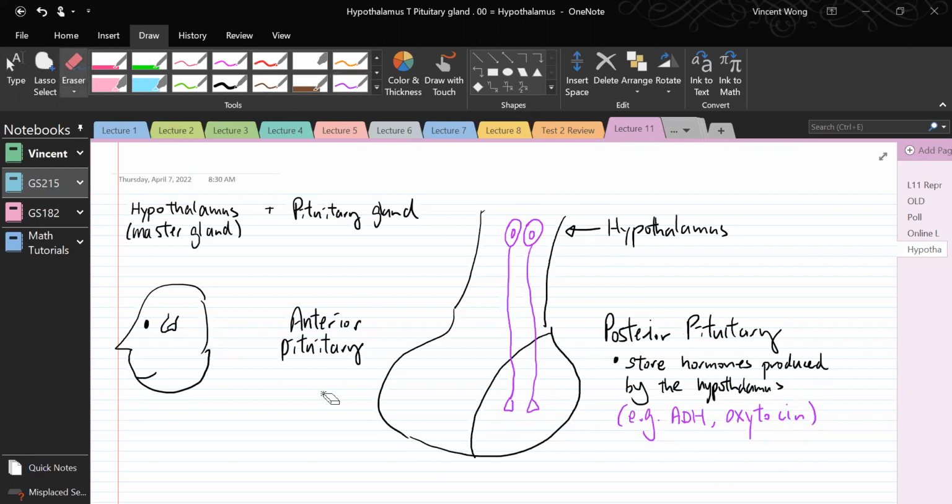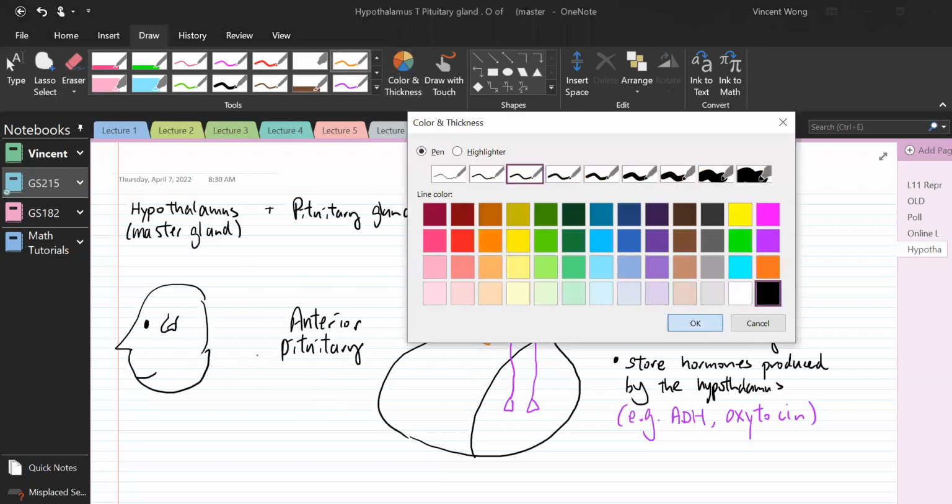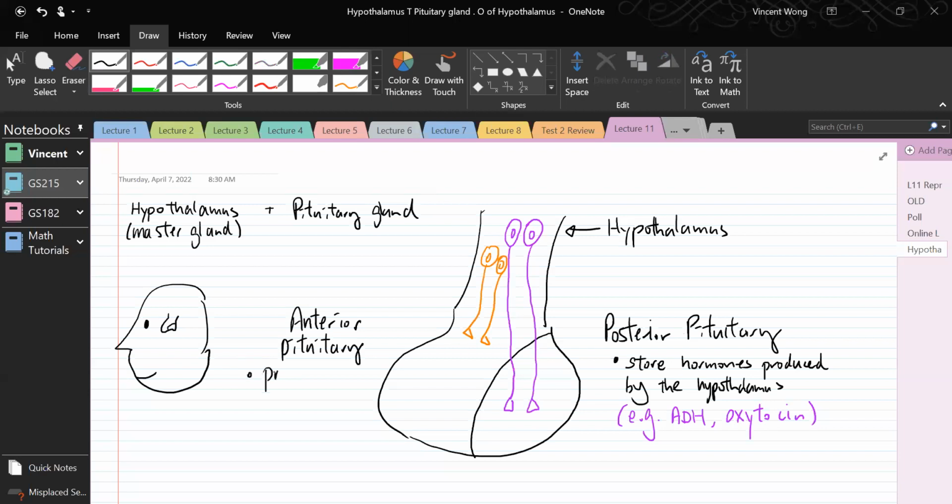Now, what we are focusing on today would be the anterior pituitary gland. So you would have another set of neurons where they will not go all the way to the anterior pituitary gland. They would just kind of stop right here. And the anterior pituitary gland is going to make its own hormone.